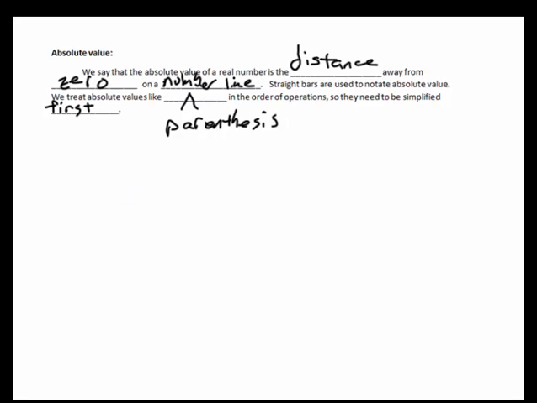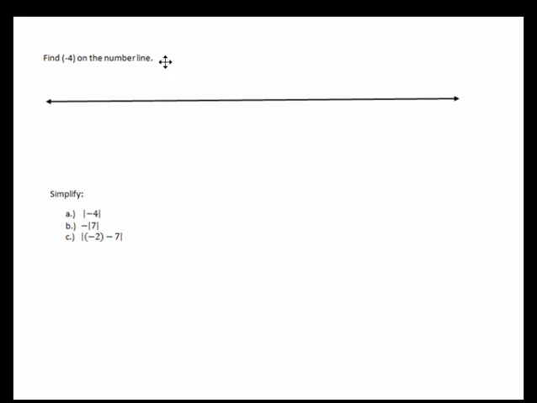Now let's put some of these ideas of absolute value into play. Alright, so here's a blank number line. I'm going to go ahead and state, here we have 0, 1, 2, 3, 4, and this would be 5. Over here, 1, 2, 3, 4, and then negative 5.